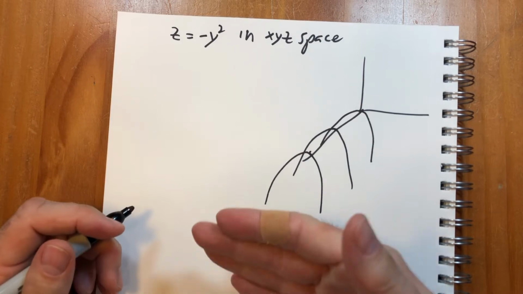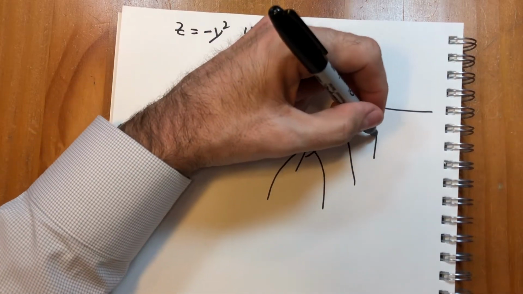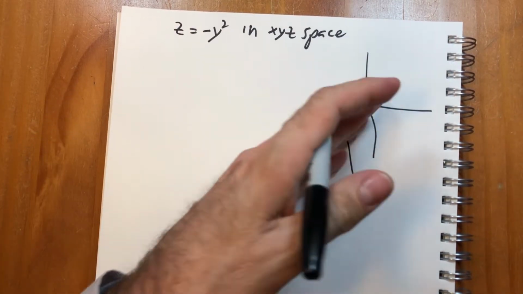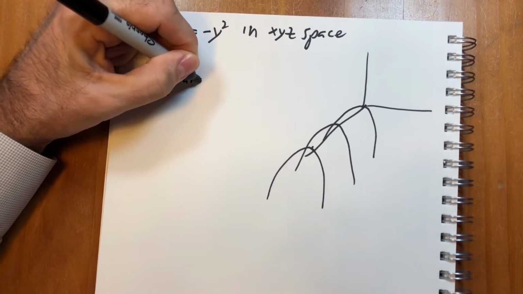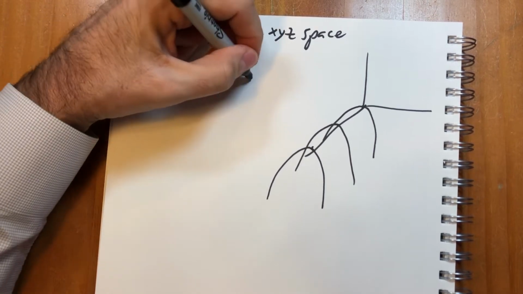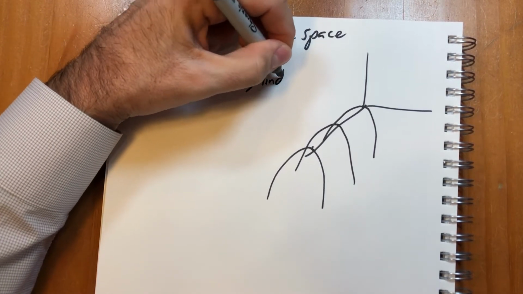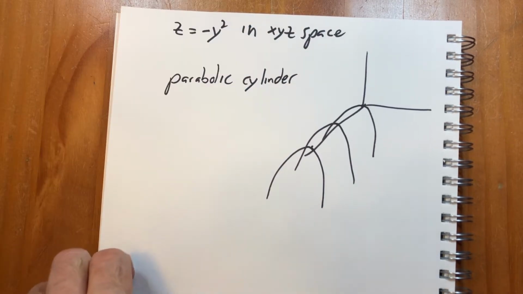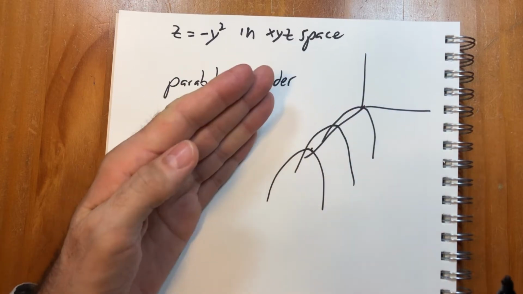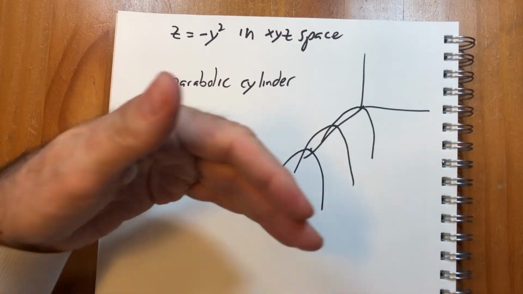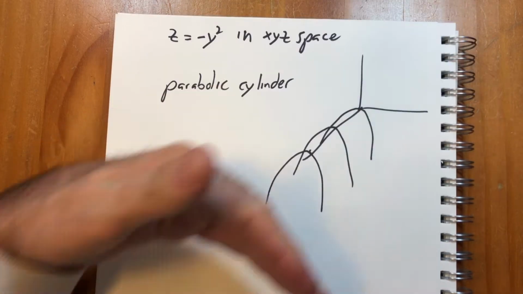It doesn't matter what x is, every time it's going to be a parabola of this sort. So that's all we need. This is the surface. This is called a parabolic cylinder. The important thing to know here is that cylinder doesn't mean a can. It means that it is unchanging along one axis. So even though this is open, it's still called a cylinder because the slices of x don't change.